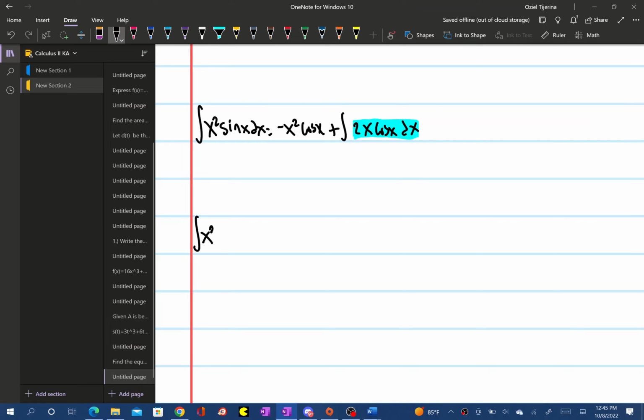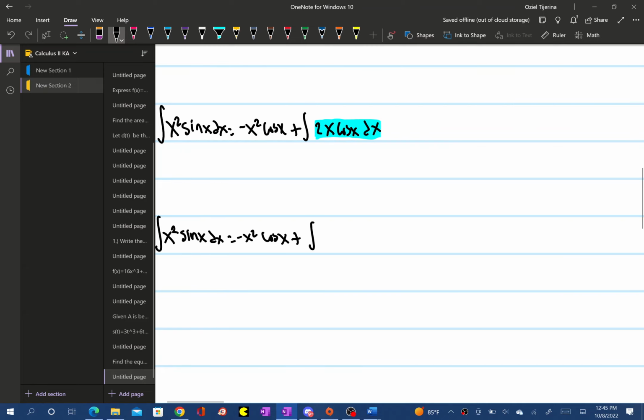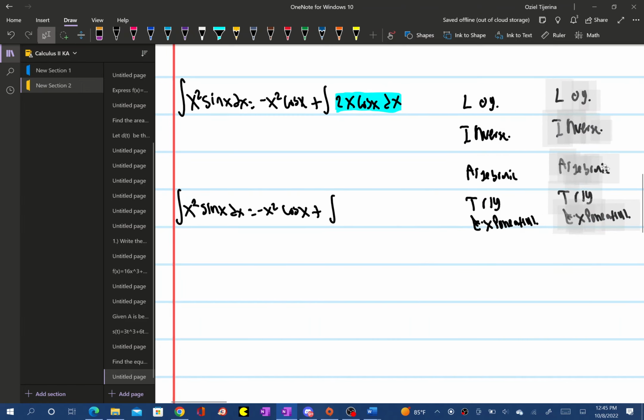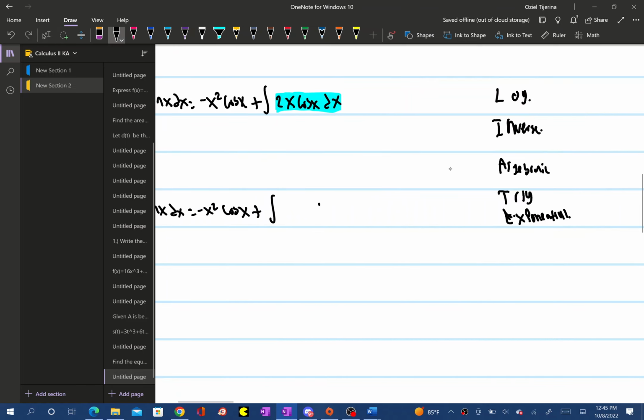The integral of x squared sine x dx is equal to negative x squared cosine x plus the integral of 2x cosine x dx.